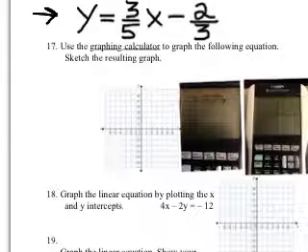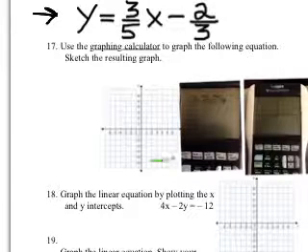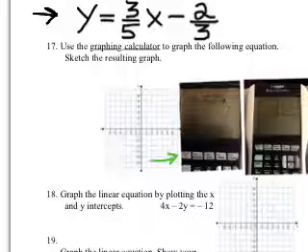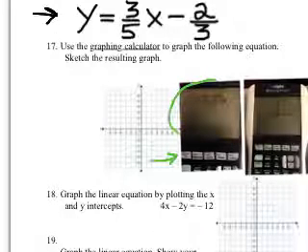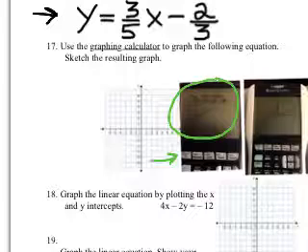And then you push that button right there that has the y equals on it. When you push that y equals button, you're going to see all those different y1, y2, y3, y4. So you can actually plot a whole bunch of graphs at the same time. But we're just going to be plotting one right now.